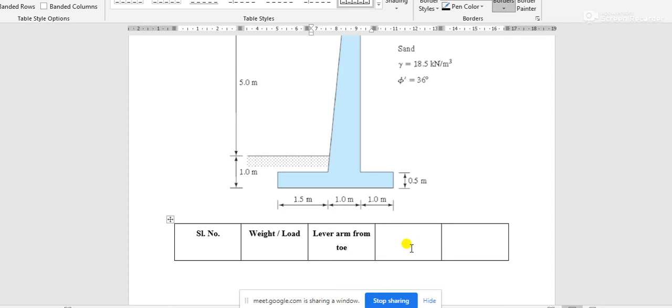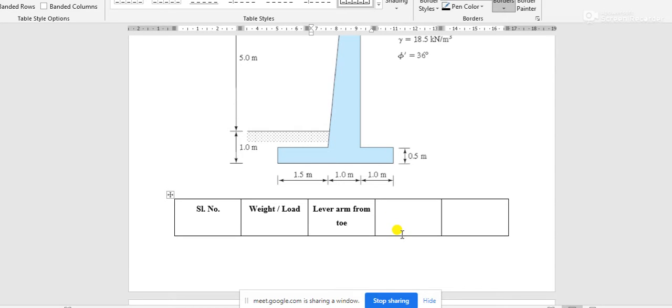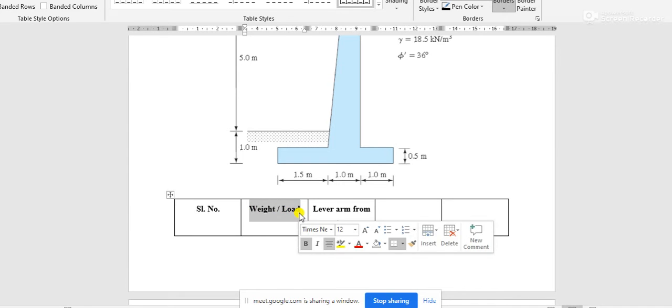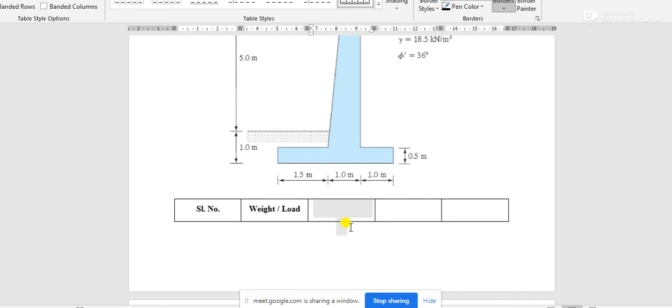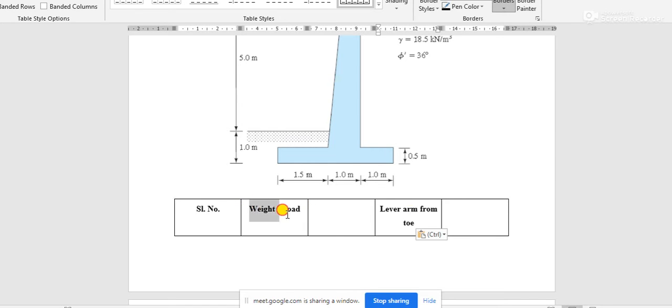Okay, lever arm distance from toe, and finally, oh sorry, one I have left, this one is lever arm from toe, and here weight or load, and in the second column there must be area. From the area you have to calculate weight, or weight of the retaining wall and weight of the parts of the soil, and finally you have to calculate moment by multiplying this one and this one.